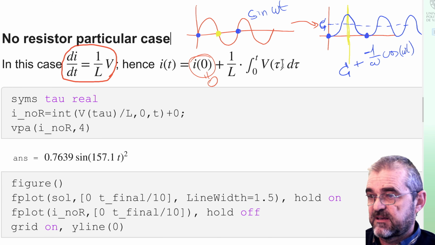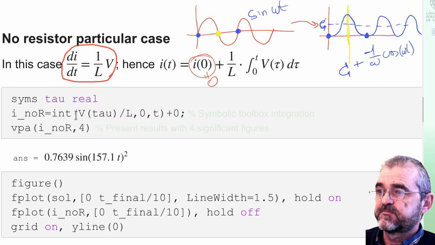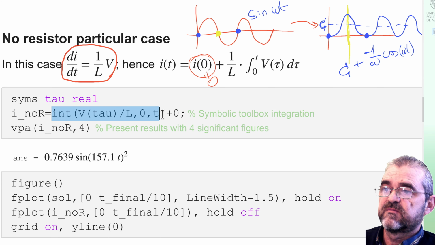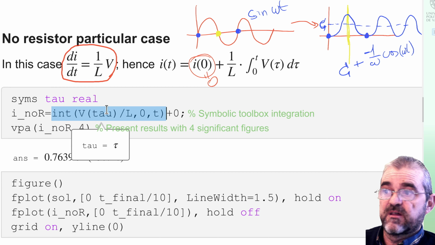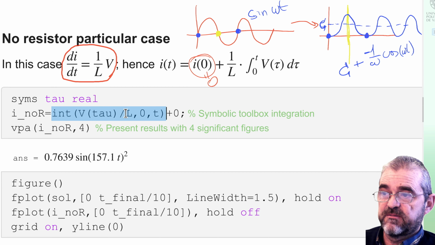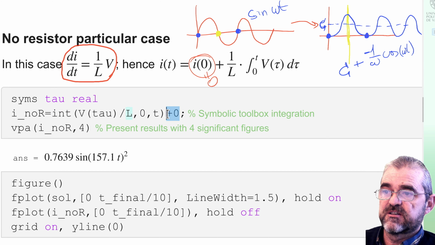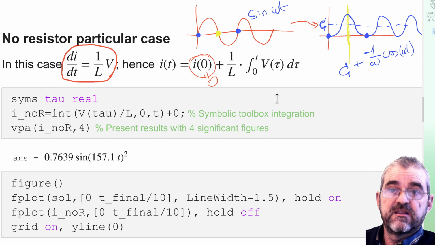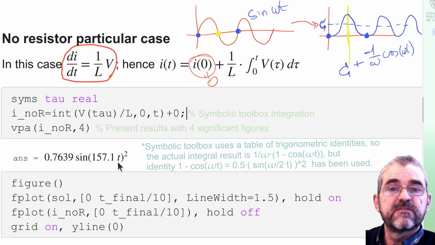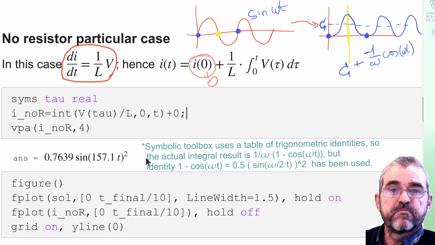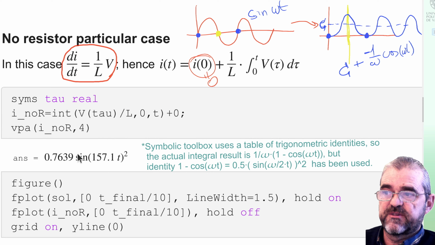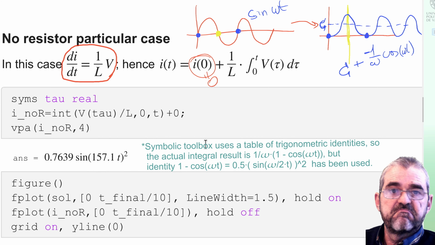So if I tell Matlab to compute the formula, I integrate from 0 to t the input voltage waveform divided by L plus initial condition 0, and then I get this expression that, okay, it's the cosine, but with some trigonometric identities, the symbolic toolbox prefers to express it in this way, but I don't mind.